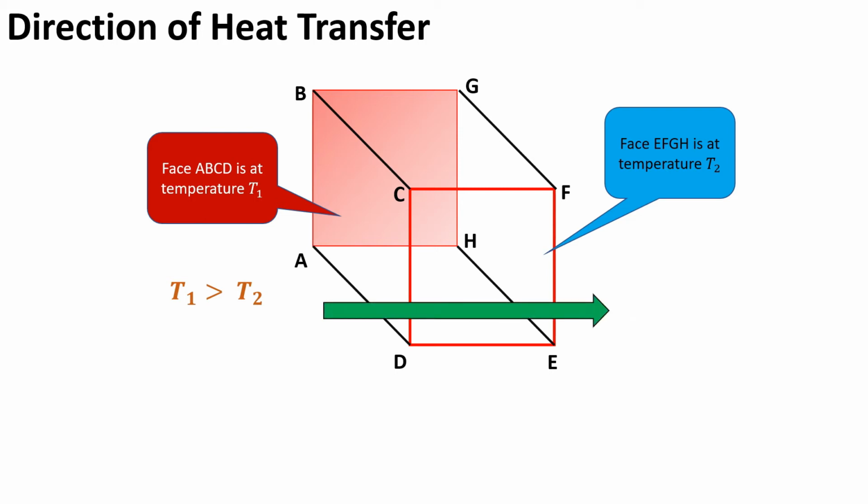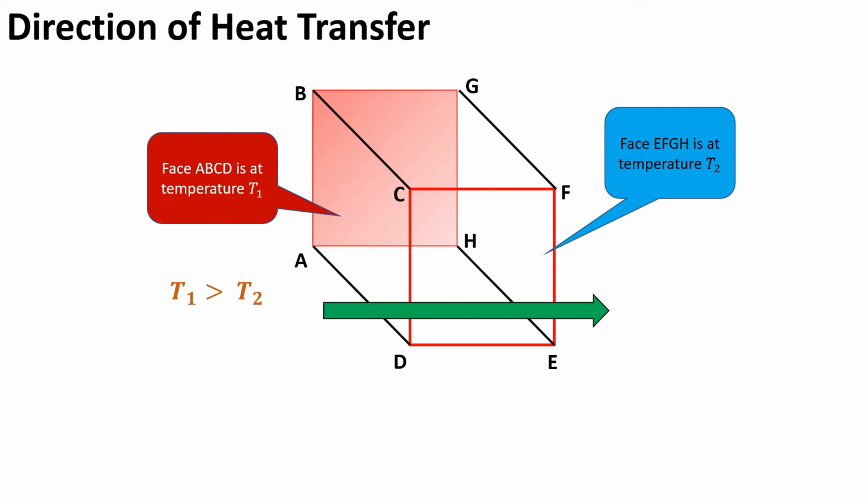This green arrow shows the direction of heat transfer, because face ABCD is at higher temperature than face EFGH. Heat always flows from higher temperature to lower temperature, so heat will flow from ABCD to EFGH.